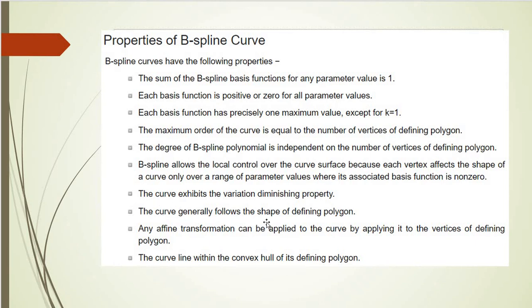So the curve generally follows the shape of defining polygon. Any transformation can be applied to the curve by applying it to the vertices of defining polygon. The curve lies within the convex hull of defining polygon. These are the similar properties of both the curves.